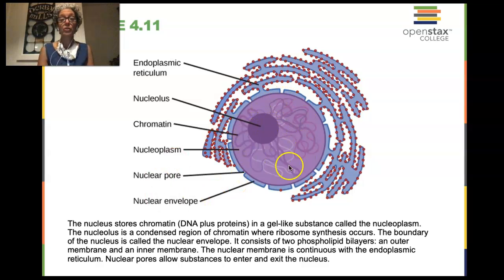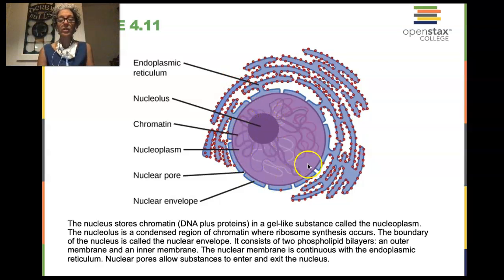We're seeing the nucleus and the endoplasmic reticulum. It happens to be the rough endoplasmic reticulum because it has these little dots on it. Each of those dots represents a ribosome.